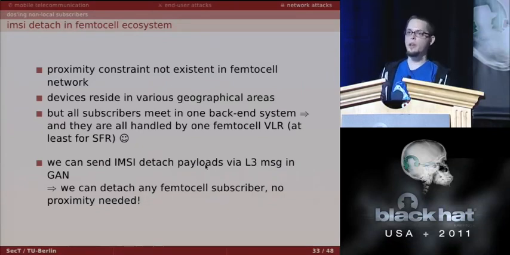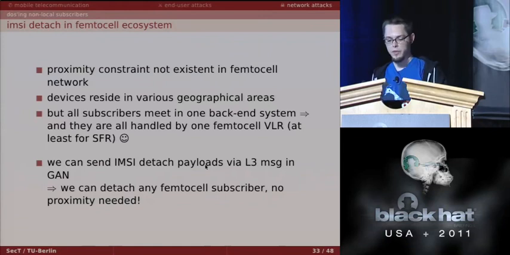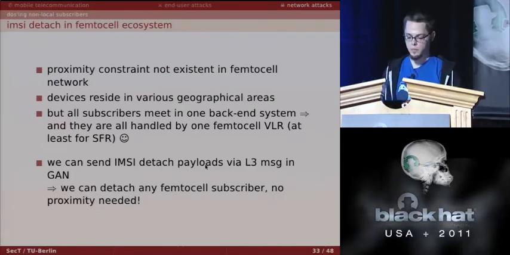So basically you handle femtocells and not the subscribers directly, and it only makes sense to gather all the femtocells that are in the same IP network and handle them with one VLR.